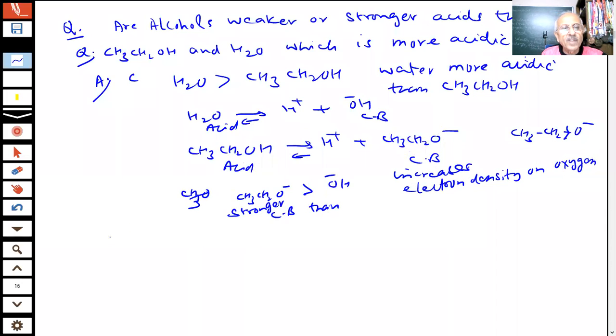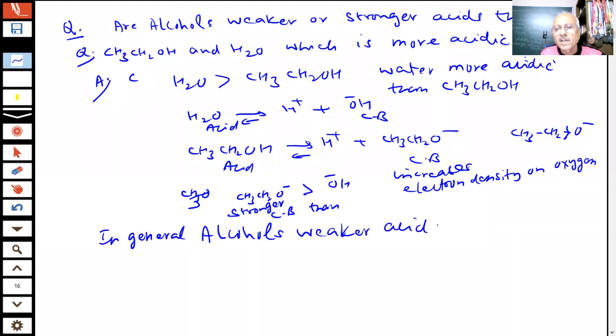Therefore, we are saying in general, students, alcohols are weaker acids than water. But there is an exception which I will tell you. Sometimes the exception is asked in the paper.